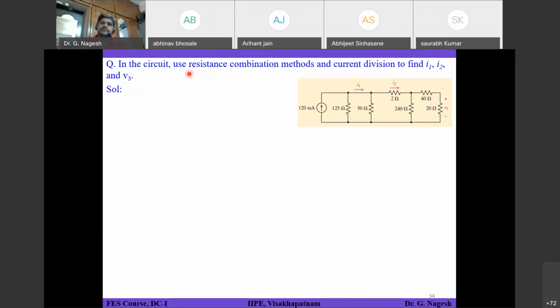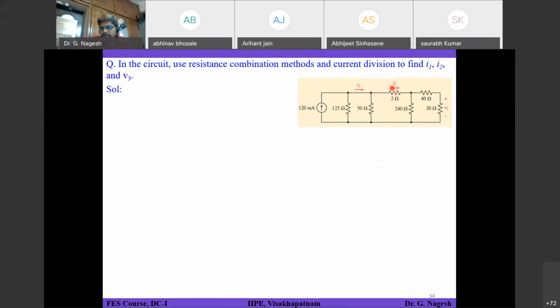Use resistance combination method and current division to find I1, I2 and V3. So they are asking us to find out I1, I2 and V3 in this circuit. You can reduce the complexity of the circuit by using series and parallel resistance combination. But remember I1 is the current flowing in this path.